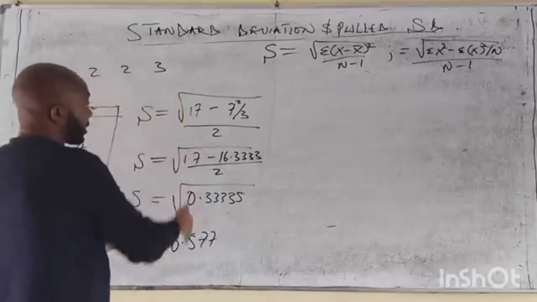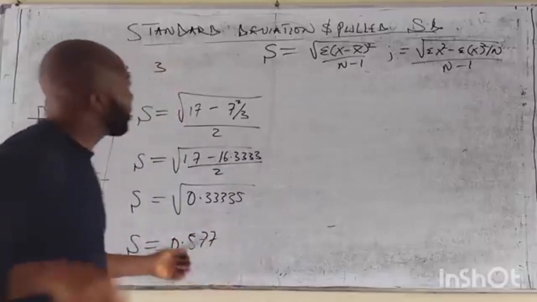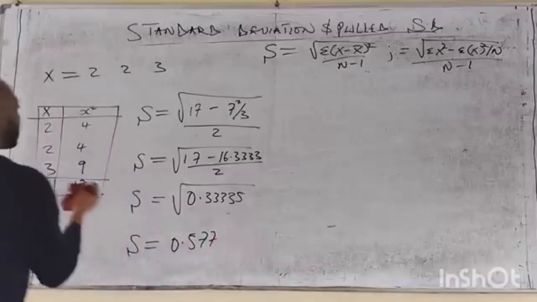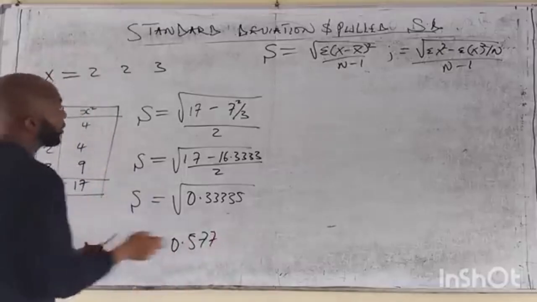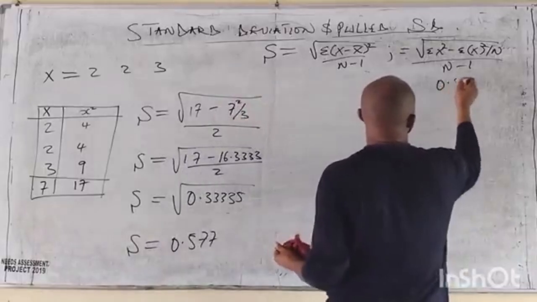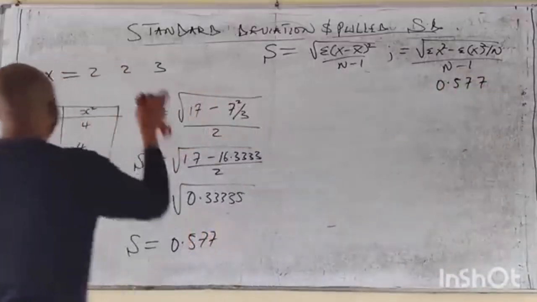Okay, so this is our first answer. Let's use this other formula now, to compare the undergraduate and the postgraduate, which is supposed to be the same. Let me put the answer there, 0.577. So let's take this other one.